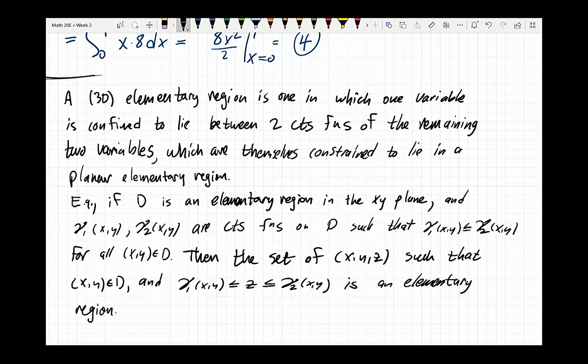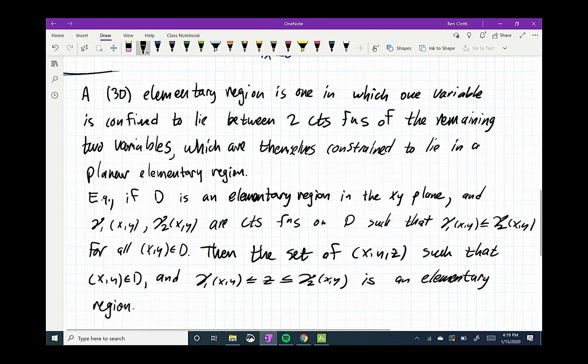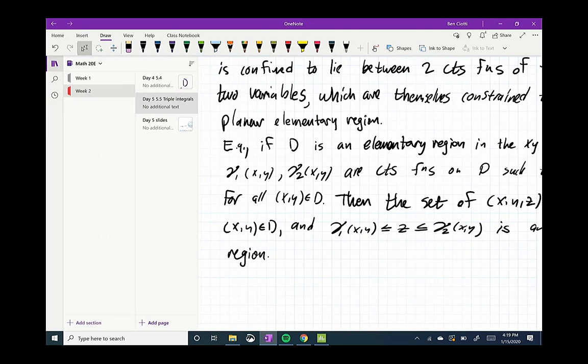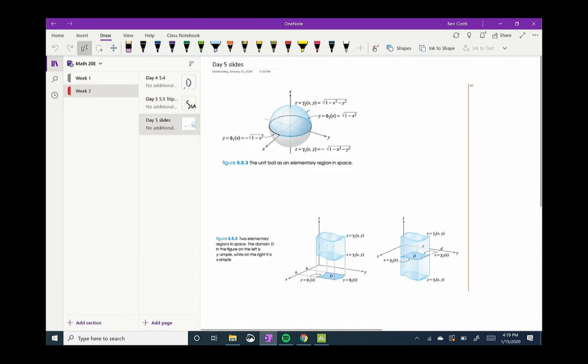Whew, there's a lot of writing. Okay, I better show you some pictures. Rather than try to draw these myself, I just took some out of our textbook because it'll look neater than if I try to do it.